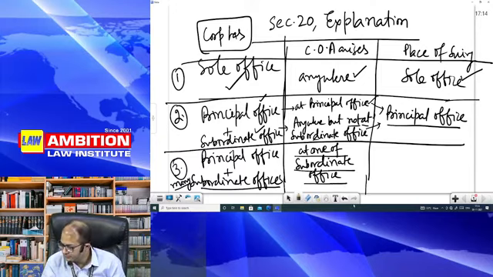So this cannot be the ground for challenging the validity of a decree. This is a bar. Bar on suit to set aside decree on objection as to place.